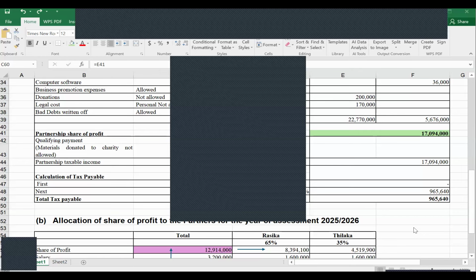Last day we calculated individuals and companies tax liability. That is from a past paper. You can request it from Ms. Kalhari, so she will share the past papers. Answer sheets I can share.